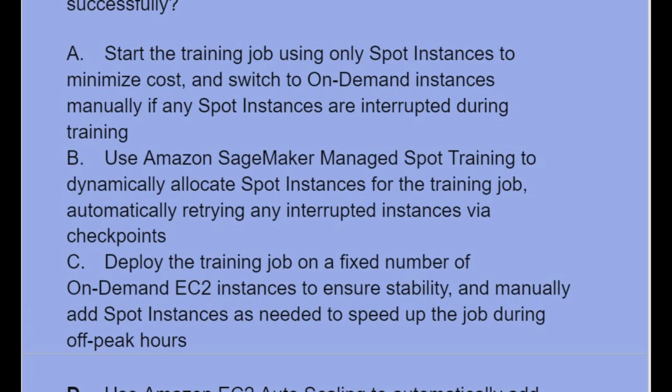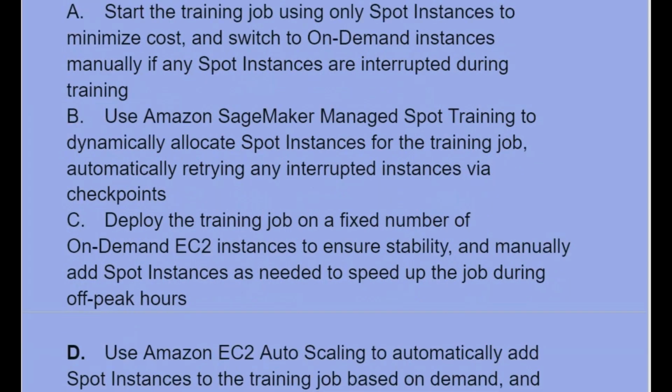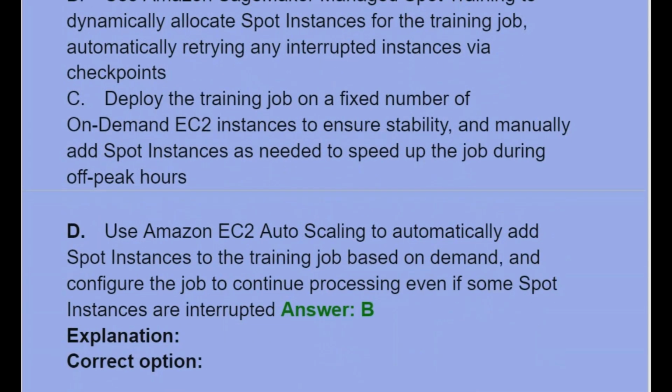Option C, deploy the training job on a fixed number of on-demand EC2 instances to ensure stability and manually add Spot instances as needed to speed up the job during off-peak hours. Option D, use Amazon EC2 auto-scaling to automatically add Spot instances to the training job based on demand and configure the job to continue processing even if some Spot instances are interrupted. Correct answer is option B.